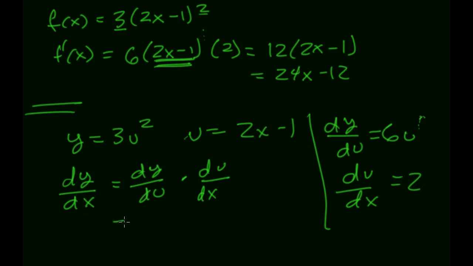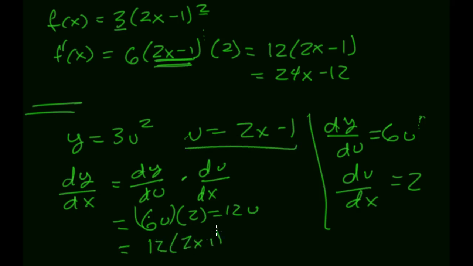So this should be 6u times 2, which is 12u. But wait, we know what u is. u is 2x minus 1. So this is 12 times 2x minus 1, and lo and behold, we get back 24x minus 12.